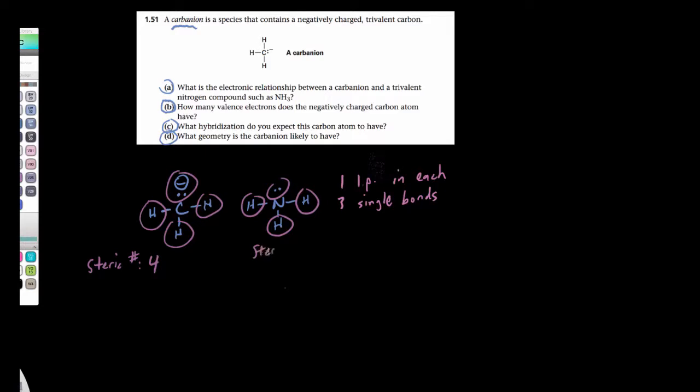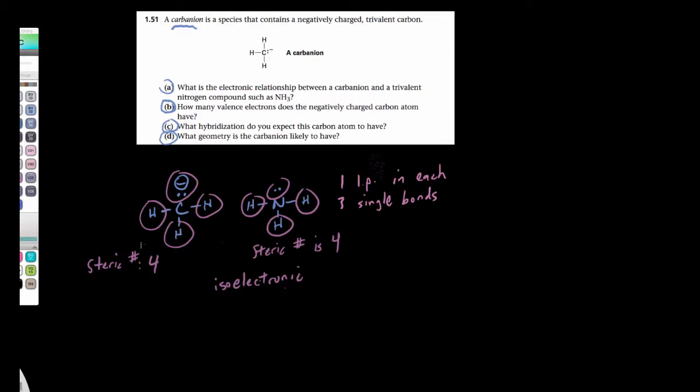So the steric number is 4 for NH3. And so these two are what you would call isoelectronic. They're isoelectronic, and they really should have the same hybridization and the same shape.